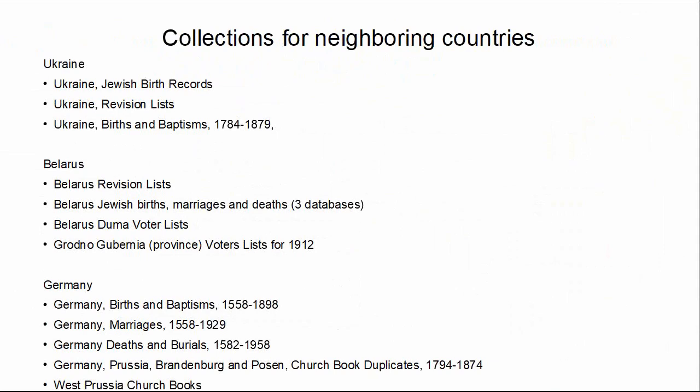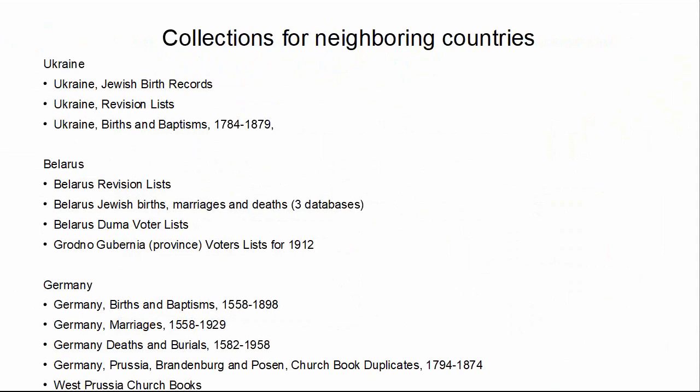The next database is marriages from the same area, over 28 million records, and the database called Germany Deaths and Burials with 7 million records.